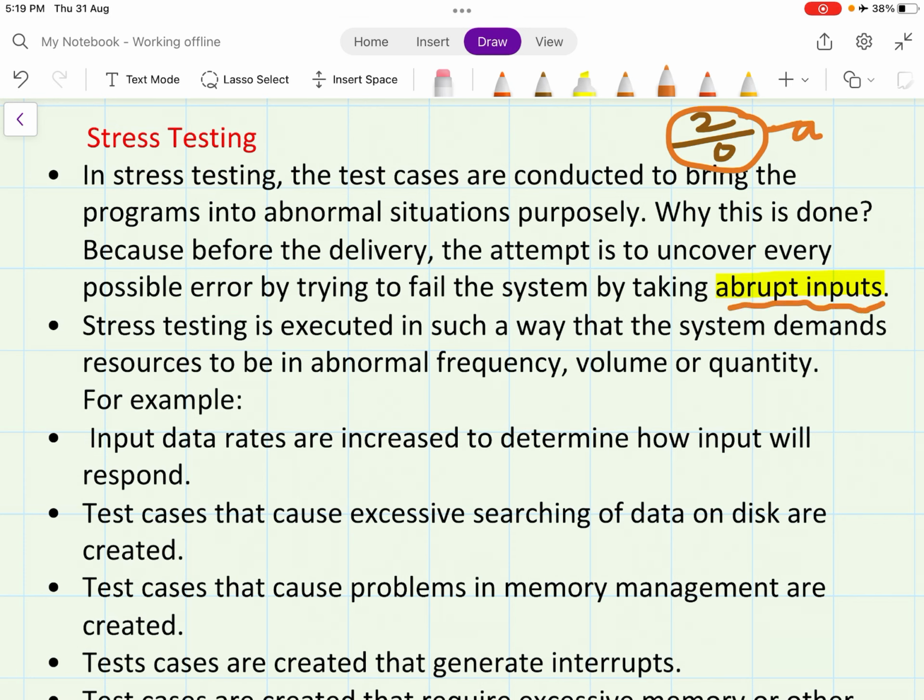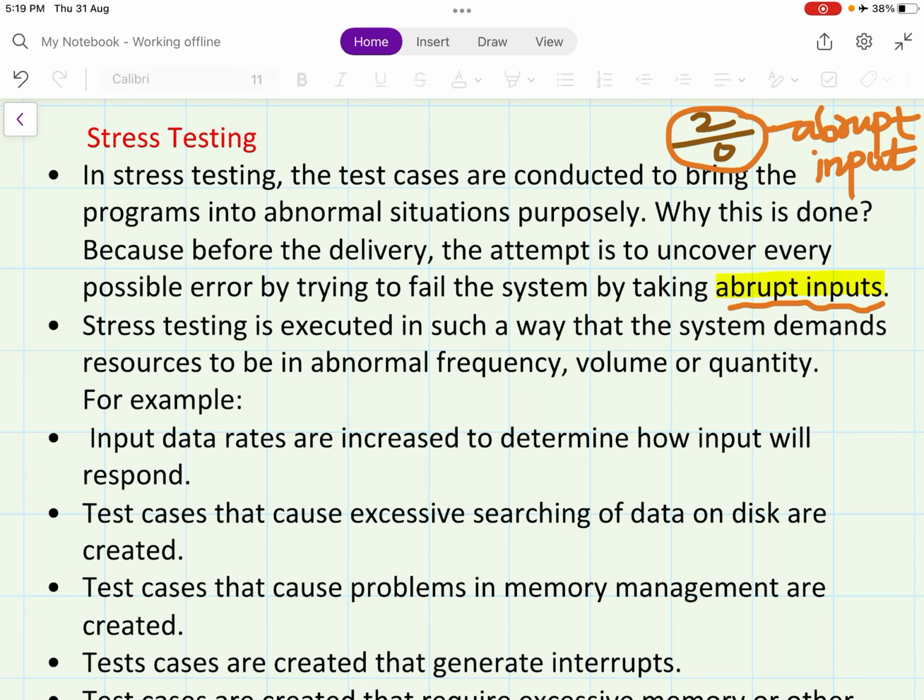So this is an abrupt input wherein the answer is not going to come. Right? So to uncover every possible error by trying to fail the system, you will purposely try to fail the system.